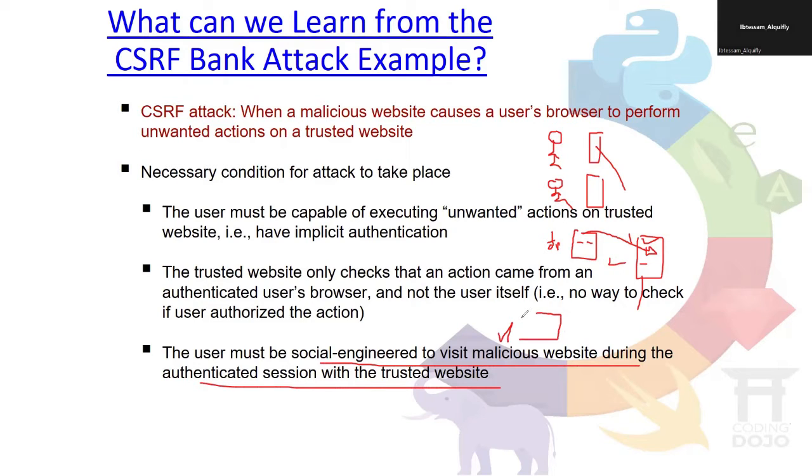Because this is the only time when you visit this website that the attacker will run a frame or a picture, and when you render this picture in your browser, it will generate a request to the original website. So if you didn't visit his website, or he didn't send you a link or a page visit, this attack will not take place.